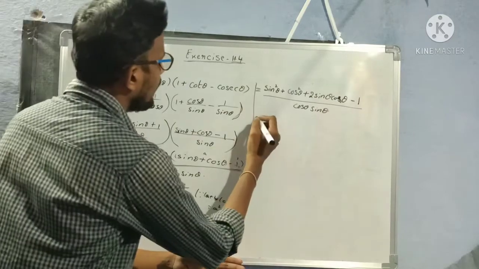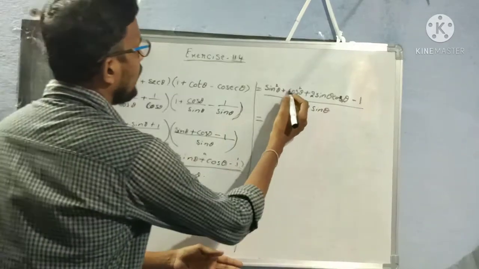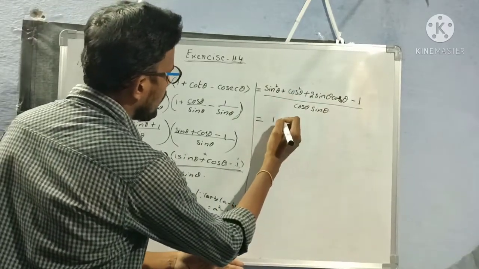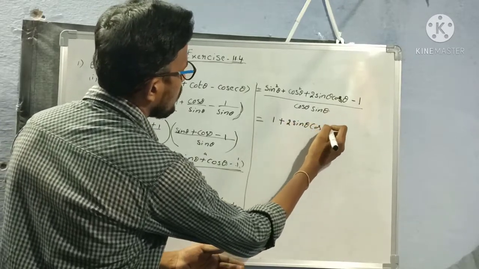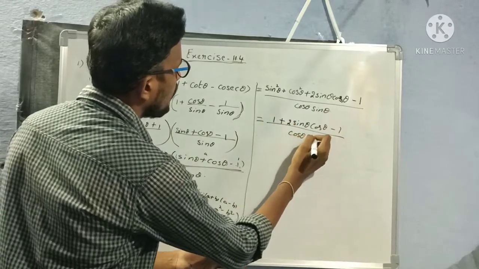Now we have one identity: sin square theta plus cos square theta is equal to 1. Instead of sin square theta plus cos square theta, I am writing 1 here. So 1 plus 2 sin theta cos theta minus 1, by cos theta sin theta.